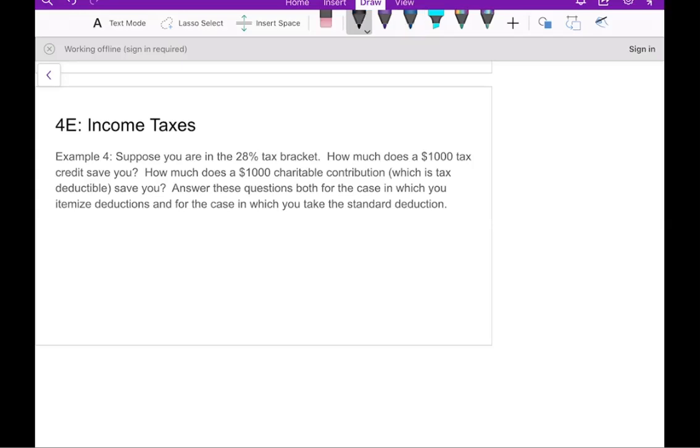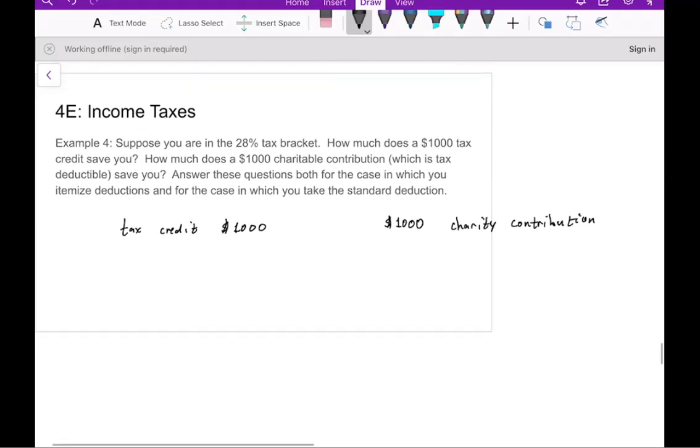let's see here. So again, we want to note the difference between a tax credit of $1,000 and a charitable donation, which is a deductible. Right? And of course, we're in the 28% tax bracket. So for example, and of course, it doesn't say here single or married or anything like that.